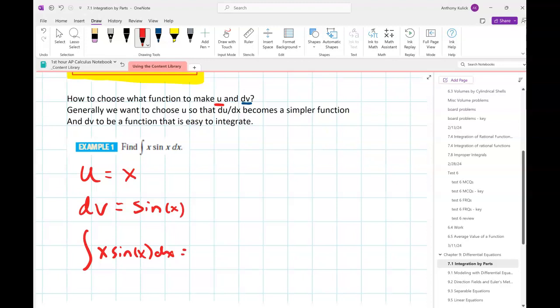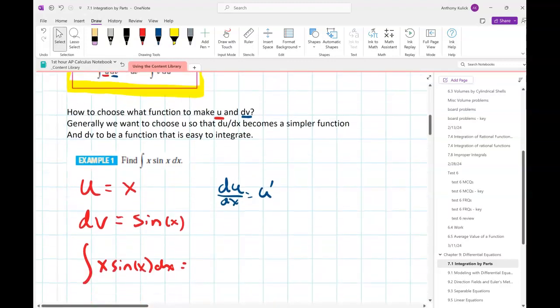well, actually, let's do this before we do that. So I need du dx, also called u prime, or we'll just call it du, to be 1. Or actually, let's back up a little.